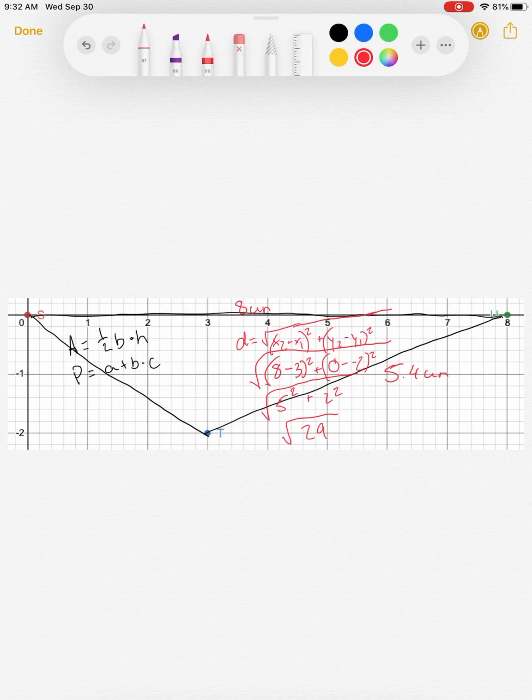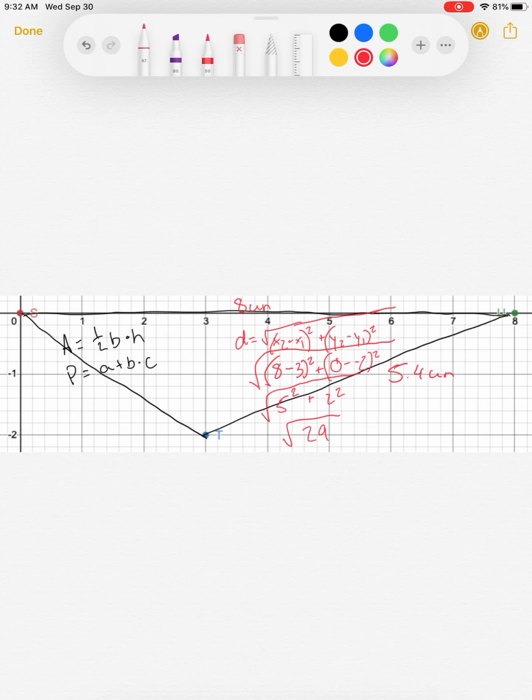Using the same distance formula, I'm going to use T as my sub 2, so we're left with the square root of 3 minus 0 squared plus -2 minus 0 squared.